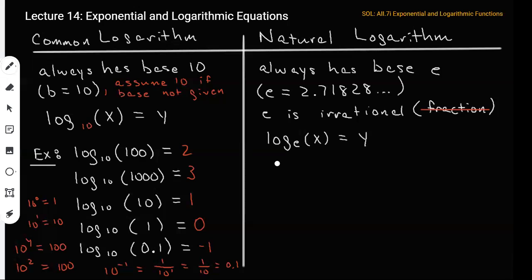So the way I can rewrite this is I can say log base e is going to be ln. ln of x is equal to y, where ln stands for the natural logarithm.